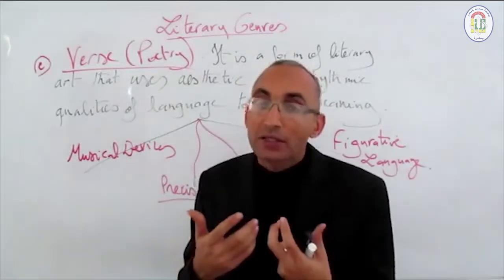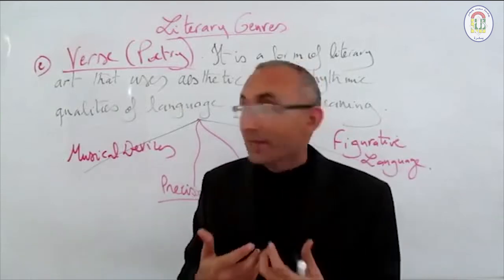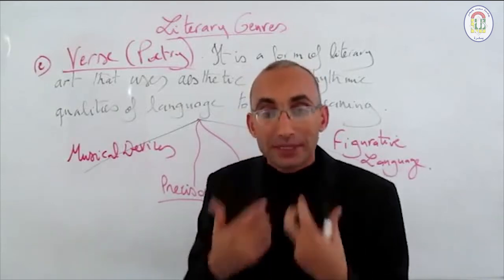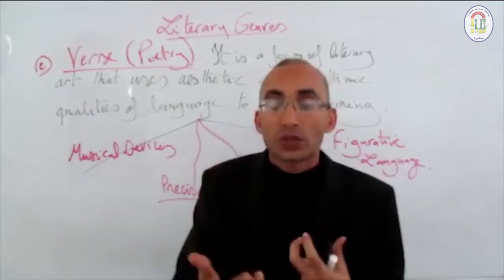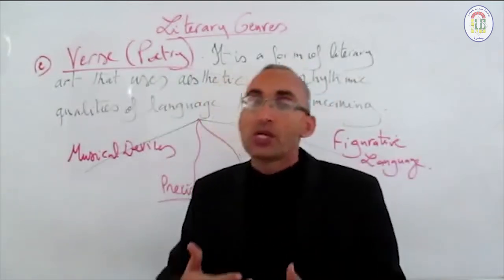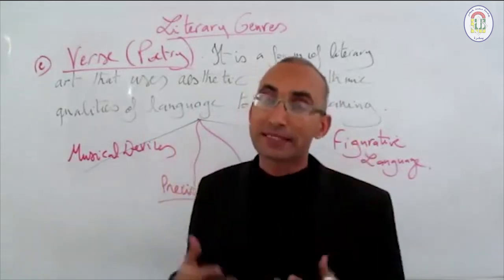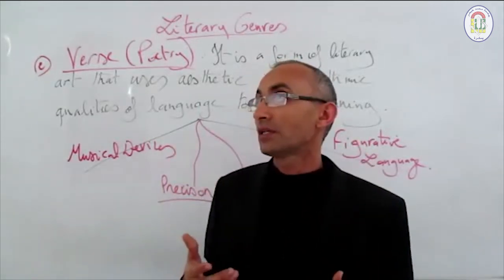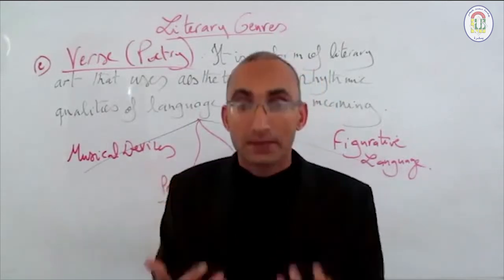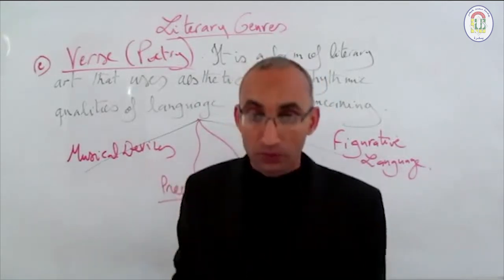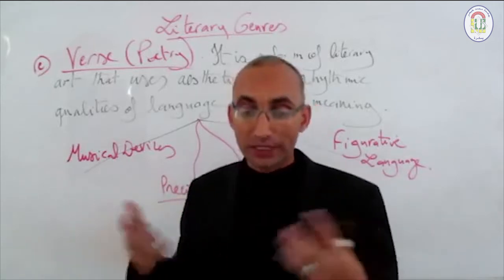Here we are also concerned with performing that piece of literature and putting it in the form of action on the stage. That's why, if you want to define the third genre, drama, we can say that it is literature which is intended for performance, to be acted in front of an audience on a stage.